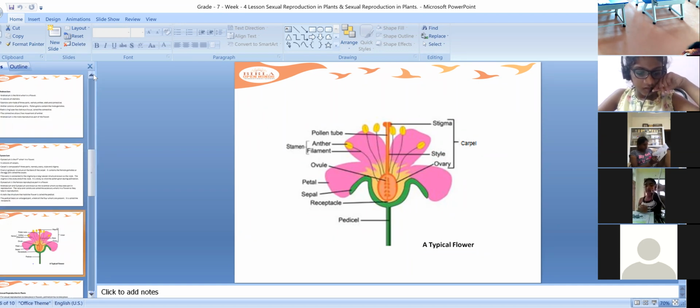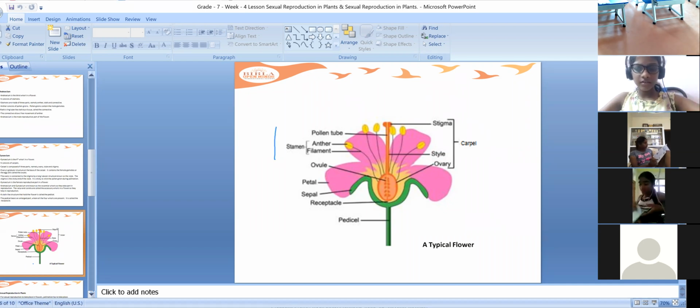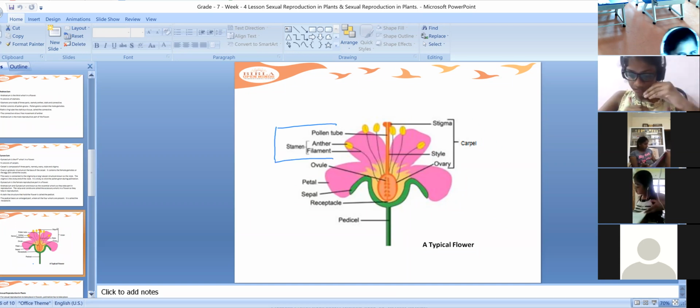In androecium, there are stamens. The stamen will have the anther, the filament or stalk, and the connective.